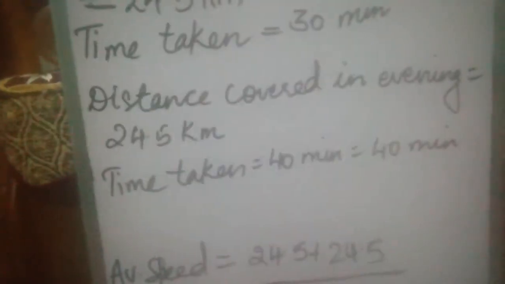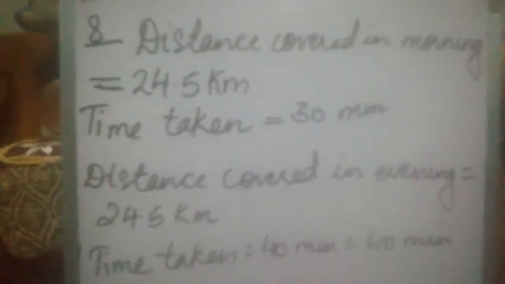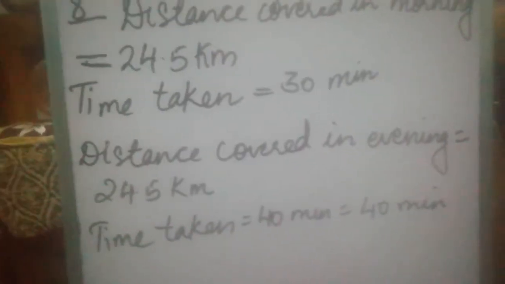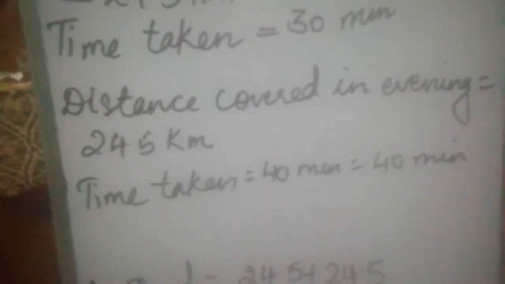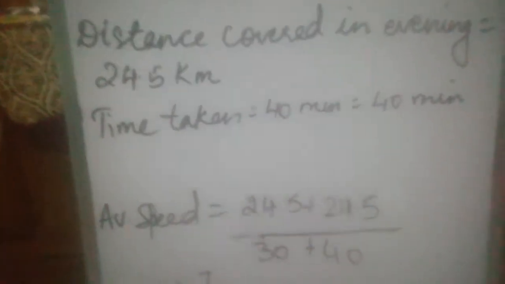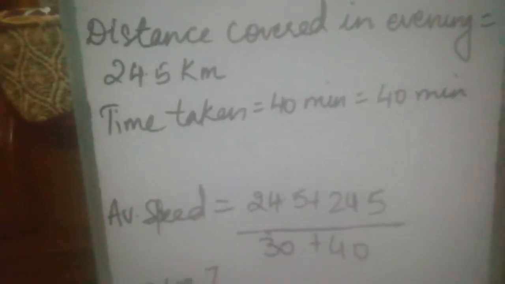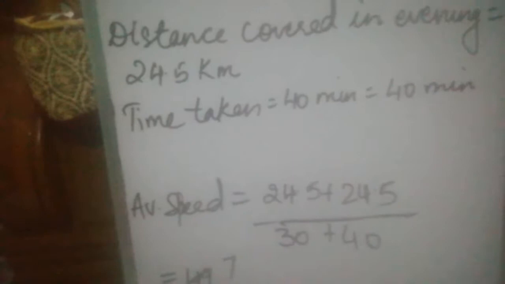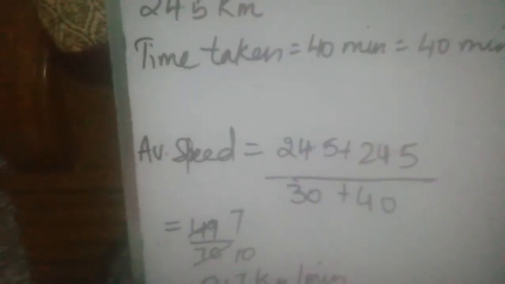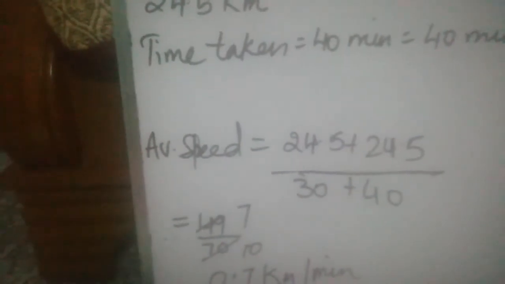Here you don't have to convert anything because the given distance is in kilometer and the given time is also in minutes. So the formula is what? Average speed equals what, beta? Total distance covered by total time taken. So total distance will be 24.5 kilometer plus 24.5 kilometer, which is 49 kilometers. Now 30 minutes plus 40 minutes, which is 70 minutes.